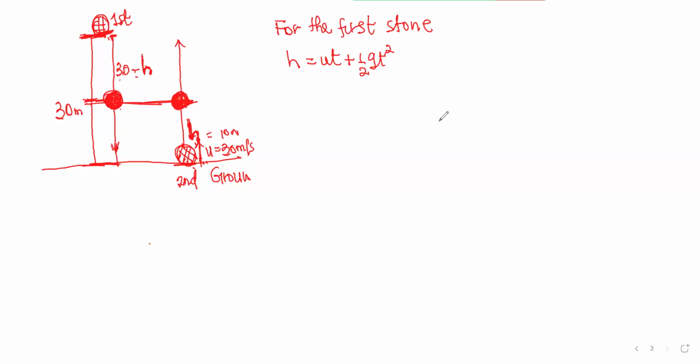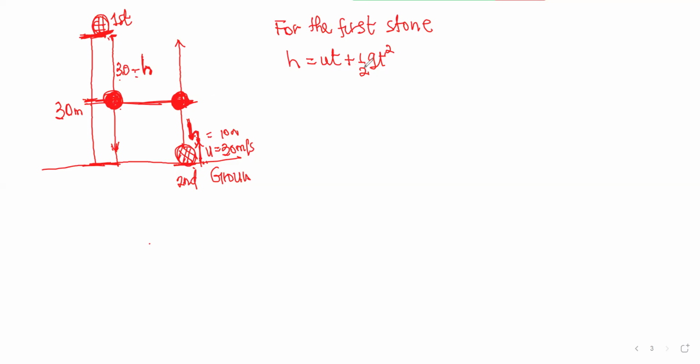But the vertical height where the two stones would actually meet, we don't know. That is why I'm representing that by h. So if by the time they meet, the second has traveled h meters from the ground, then the first will travel 30 minus h. The 10, I use that as an example.